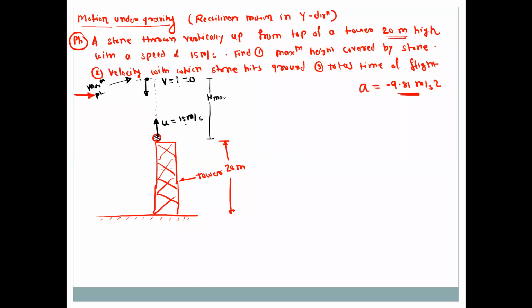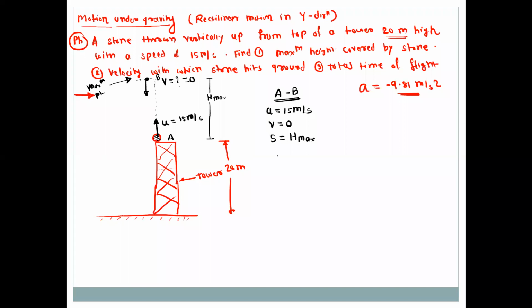So to find out this height, we have to consider the motion. So take A as the starting point, this maximum point as B. So consider A to B motion. For A to B motion, initial velocity u is equal to 15 meter per second. Then final velocity v is 0. s is the displacement, that is nothing but the h max, which is to be determined.